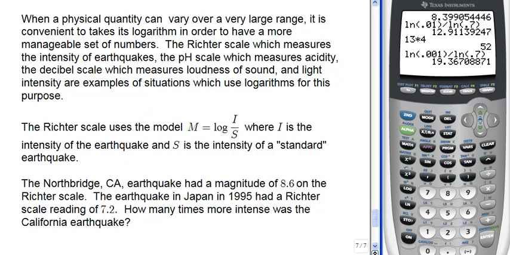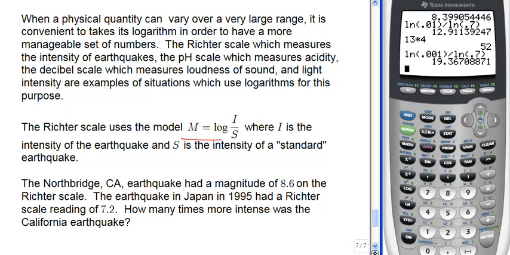The Richter scale is an example of this. It measures the intensity of earthquakes. Also, the pH scale uses logarithms and it measures acidity. The decibel scale measures loudness of sound, and light intensity also use logarithms to help make this manageable set of numbers easier to work with. So the Richter scale that we use to measure the intensity of an earthquake is given by this model.